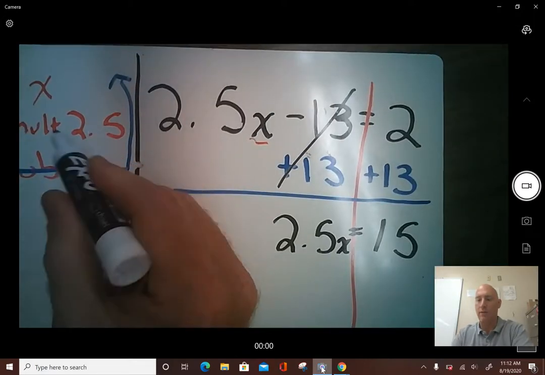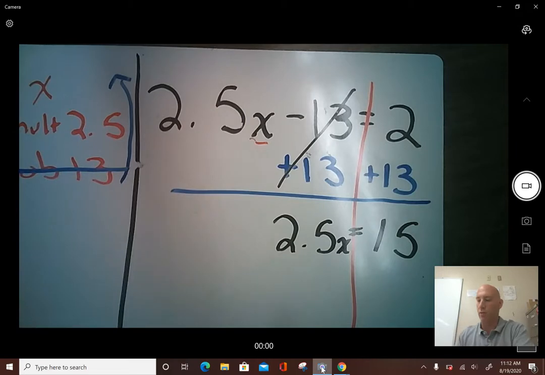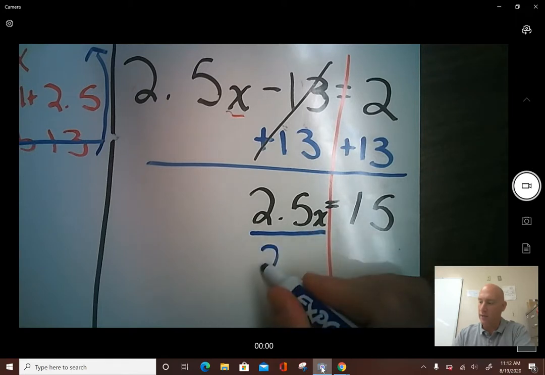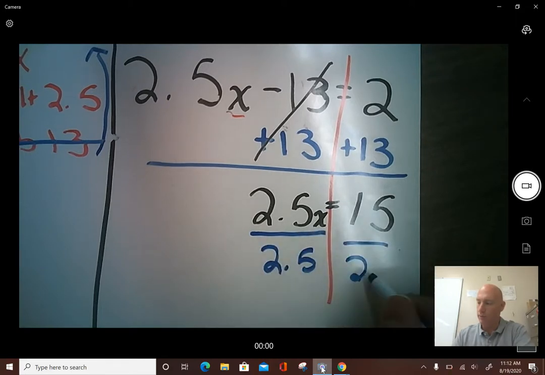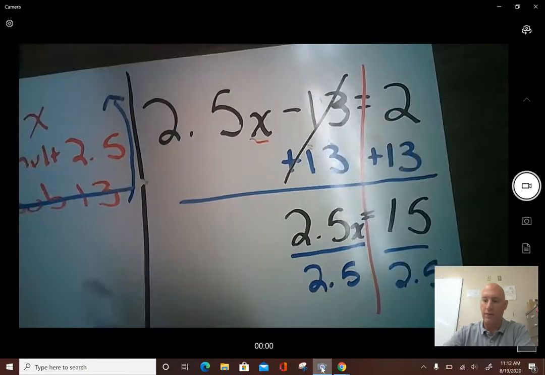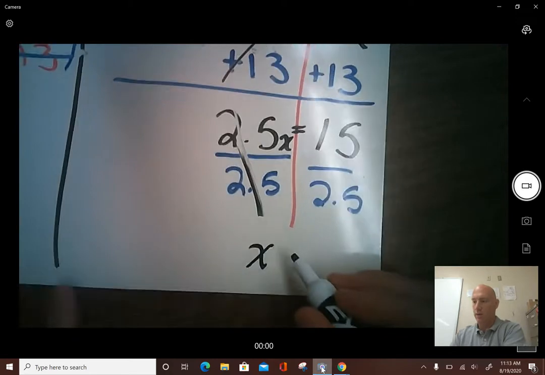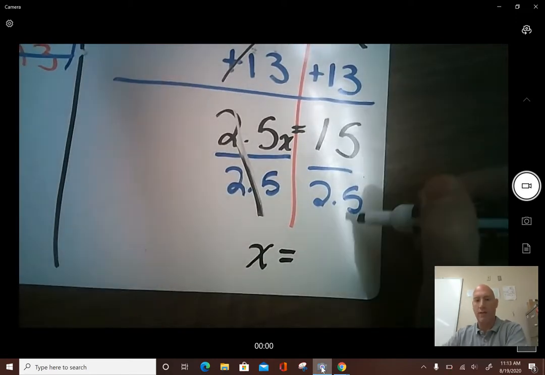If I multiplied by 2.5, well, to undo that, the inverse operation of multiplication is divide each side by 2.5. I've undone multiplied by 2.5. Now I just have to simplify and solve. These will cancel down, and I'm left with 1x, or just x, equals, and this is fine to use in your calculator.